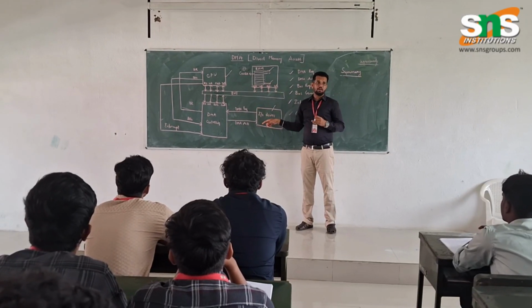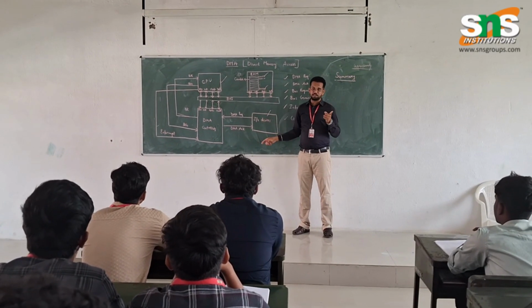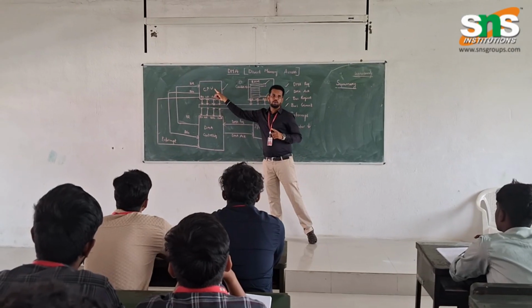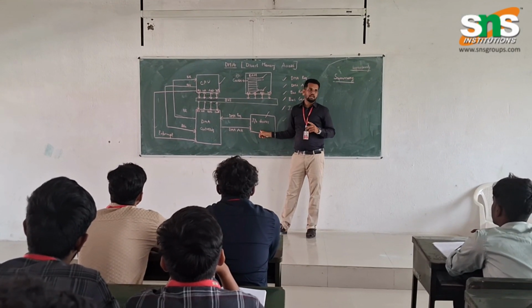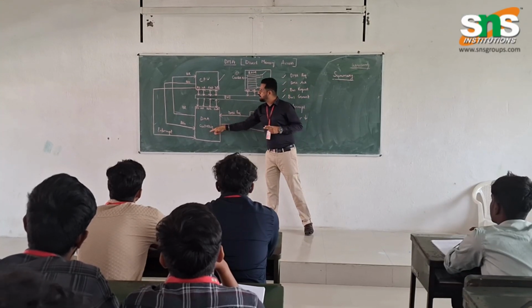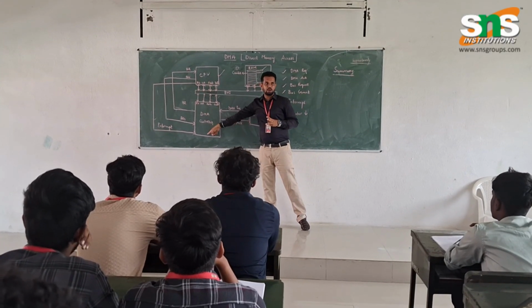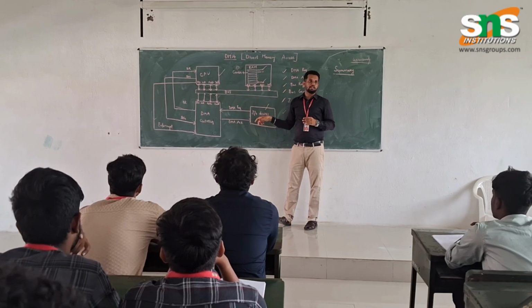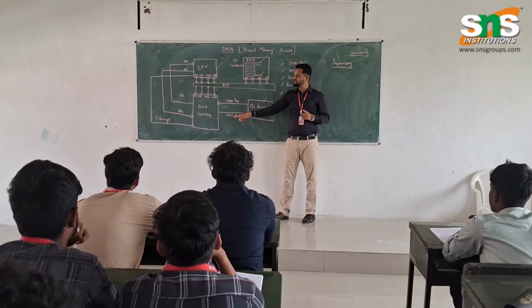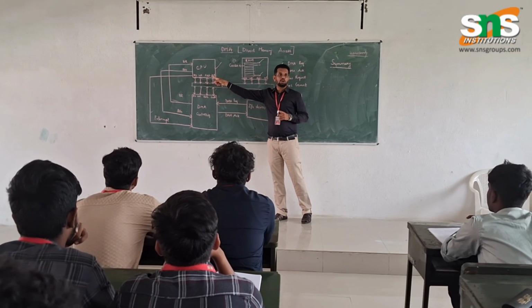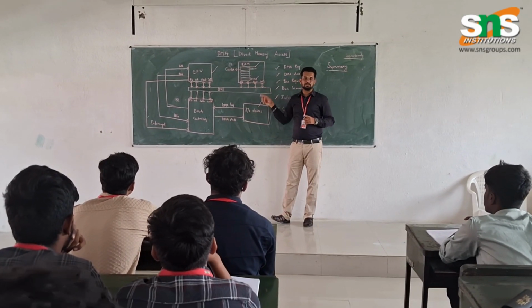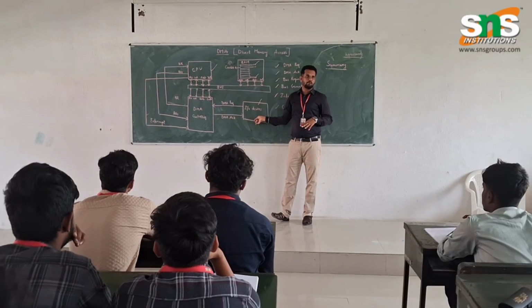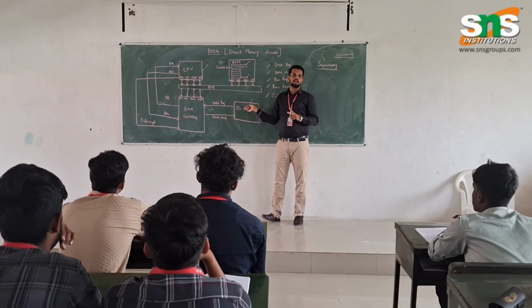For the first instruction, you give a request to the CPU, get the acknowledgement, and then transfer it. For the second instruction, again you give a request, get the acknowledgement, and transfer. Like that, you give 20 requests to the CPU, receive 20 acknowledgements, and then 20 instructions are transferred to the I/O device. So there are two ways you can transfer the data.